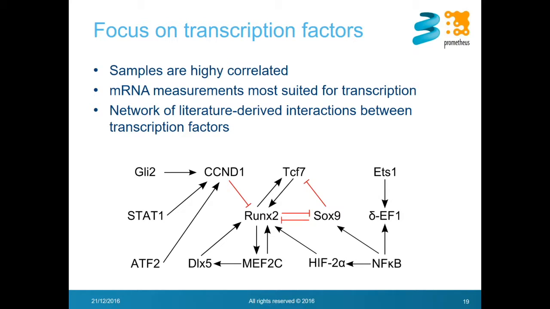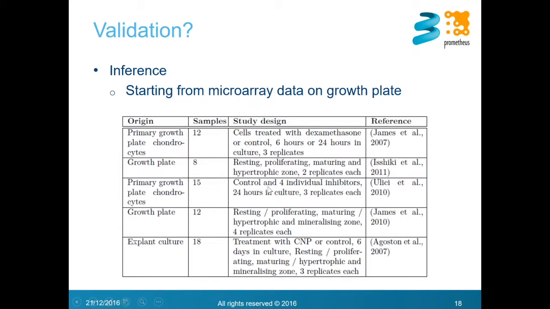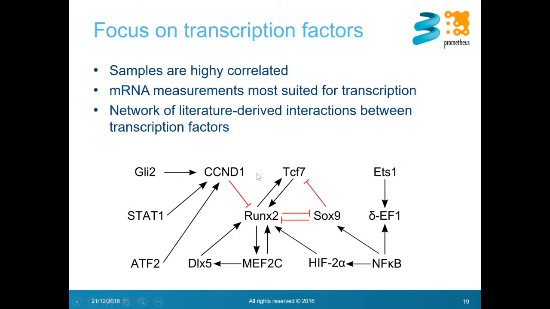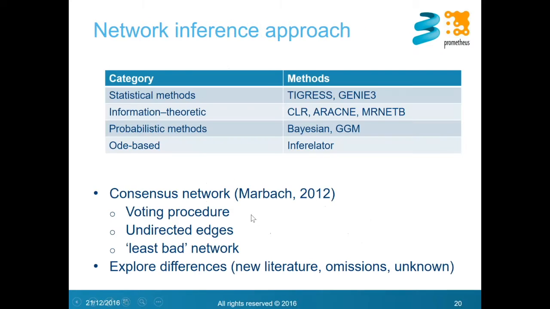Now the problem is that these are not really many samples, and that they're quite correlated. So there's not a big variation in what they were testing. So instead of trying to infer the entire network, we went for the inference of simply the transcription factor network, because that reduced the number of variables that needed to be inferred.